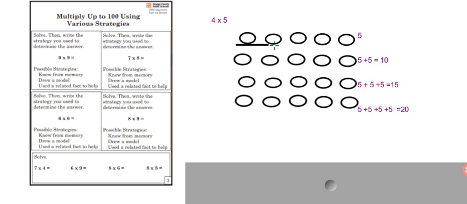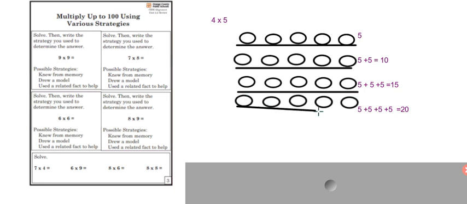That will be 1 row, 2 rows, 3 rows, and 4 rows of 5 items in each. 1, 2, 3, 4, 5 items in each, okay? And that will give me the answer to this problem, which is 20. That's one way to do it, right?